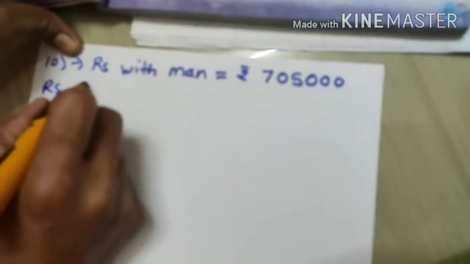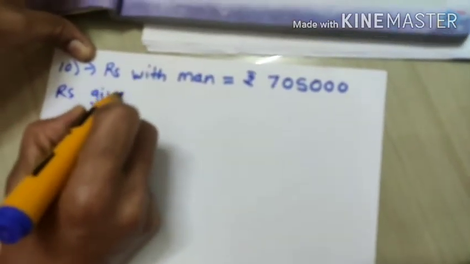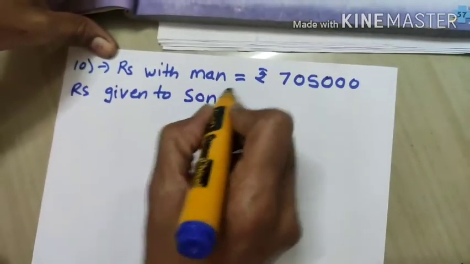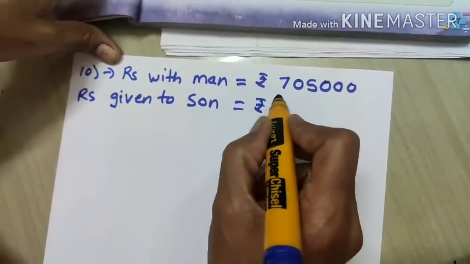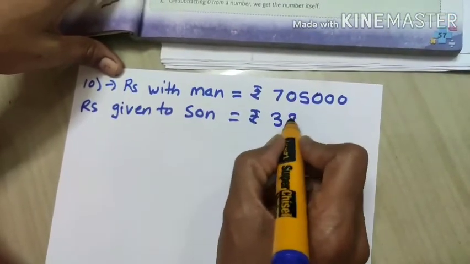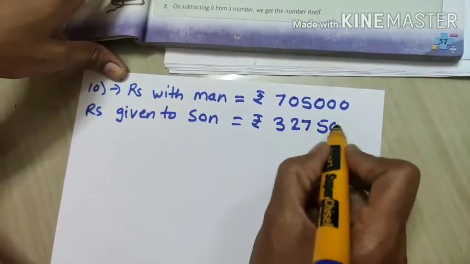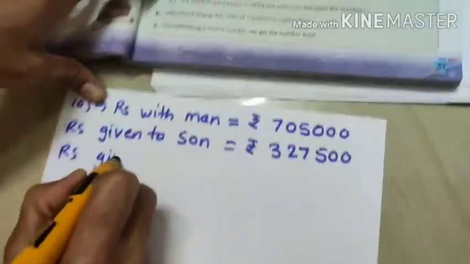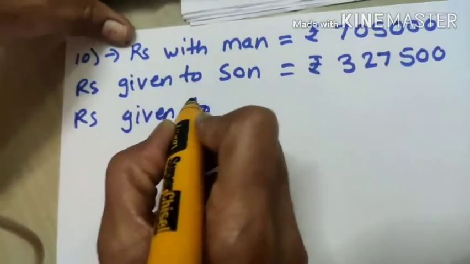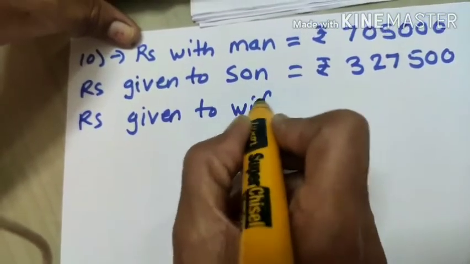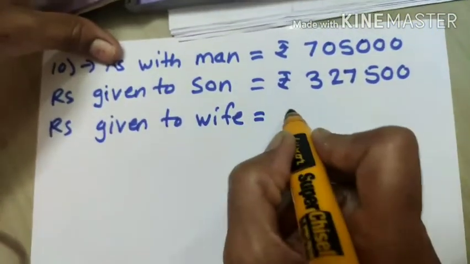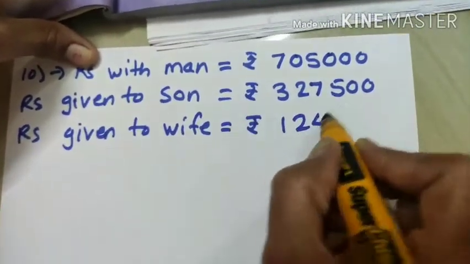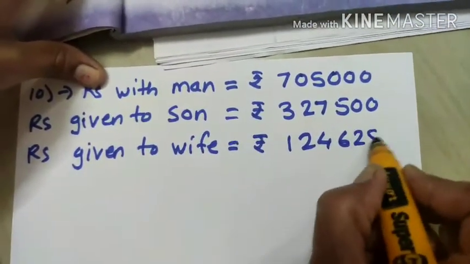Rupees given to son, that is rupees 3,27,500. Rupees given to wife, rupees 1,24,625.